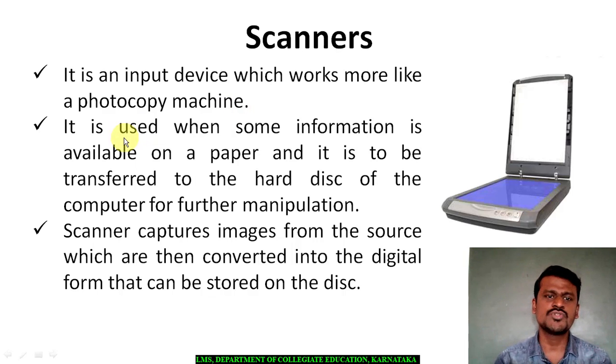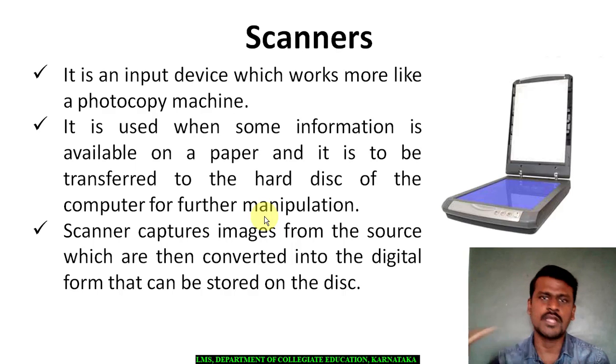It is used when some information is available on paper and it is to be transferred to the hard disk of the computer for further manipulation. As I was saying, it can scan anything in terms of paper, any sheet, any IDs, or a photograph, and that will be transferred to the computer.